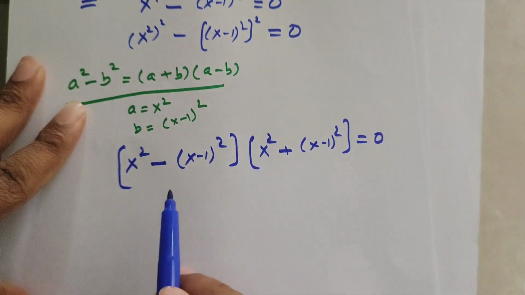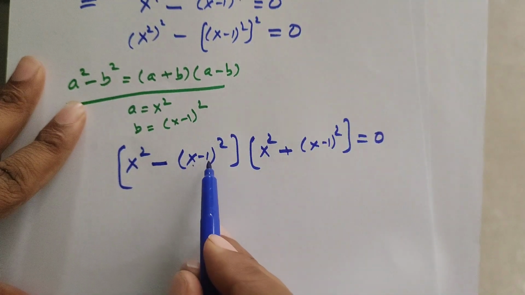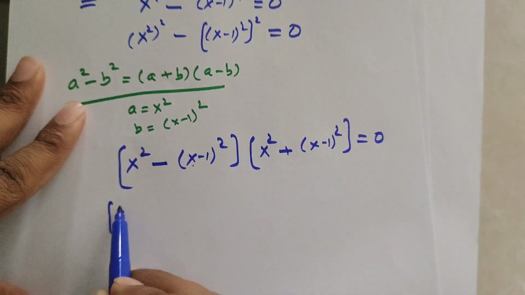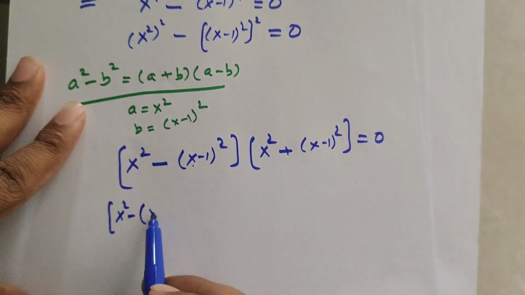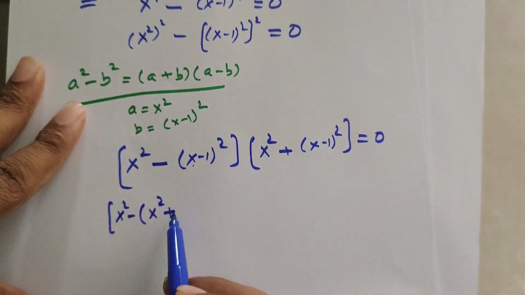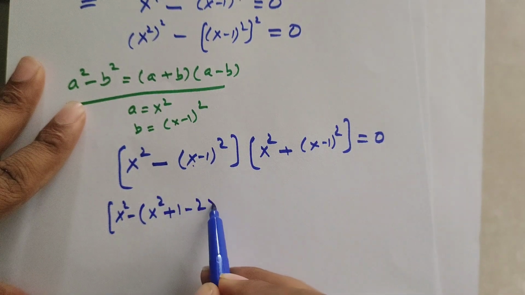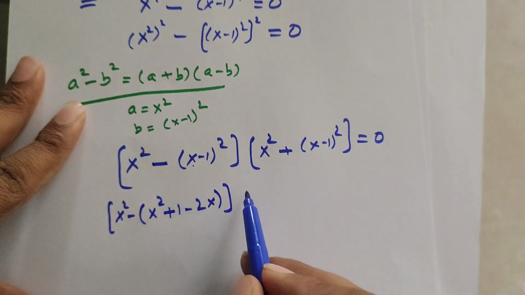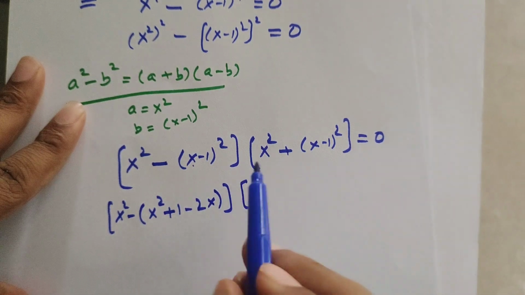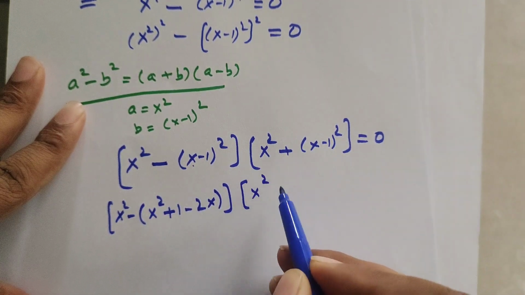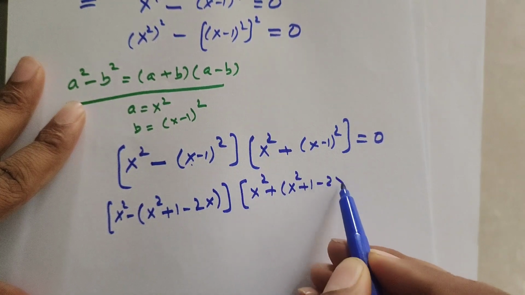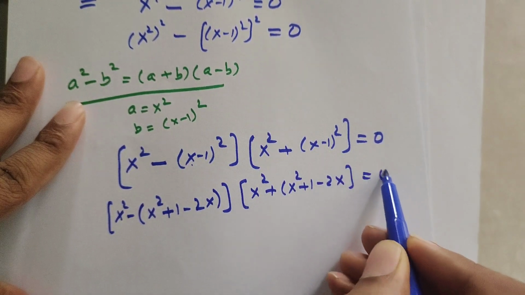Now we will simply open the formula for (a minus b) whole square. It is a square plus b square minus 2ab. Similarly, we open it: x square minus (x square plus 1 minus 2x) is equal to 0.